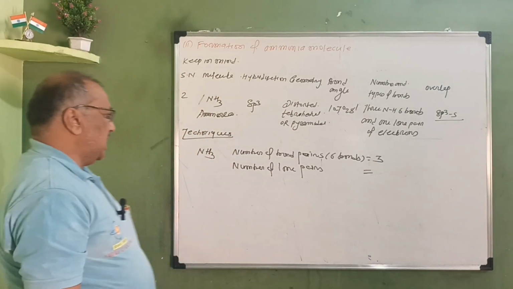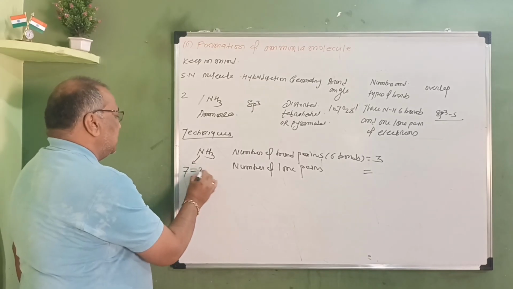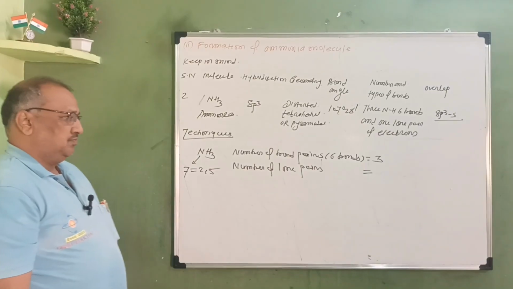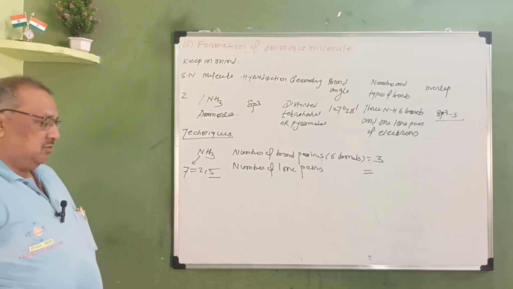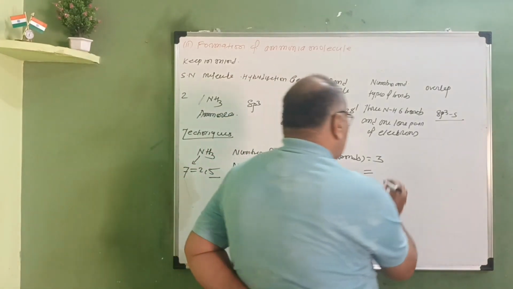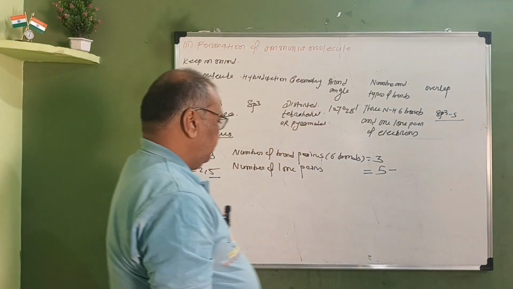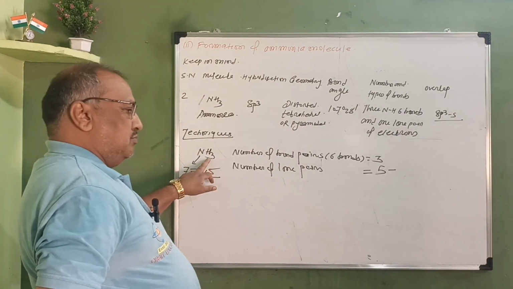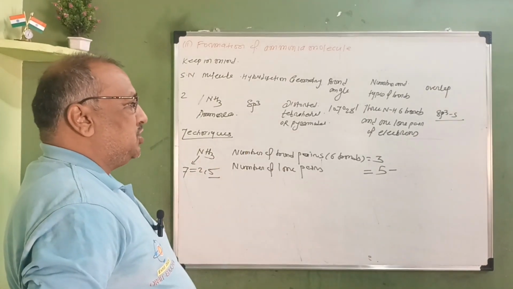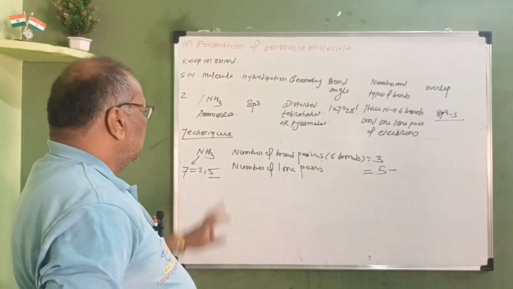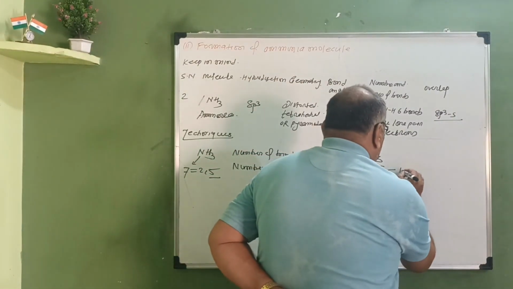Now the atomic number of nitrogen is 7. Its electronic configuration is 2, 5. In the valence shell there are 5 electrons. Therefore write down here 5 minus, hydrogen atom is monovalent. That means each hydrogen atom shares 1 electron. So 3 hydrogen atoms share 3 electrons. That means 1 into 3.